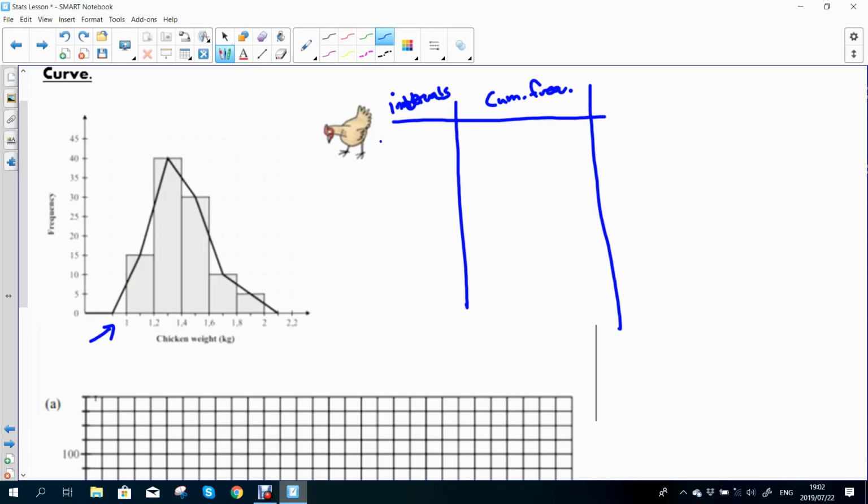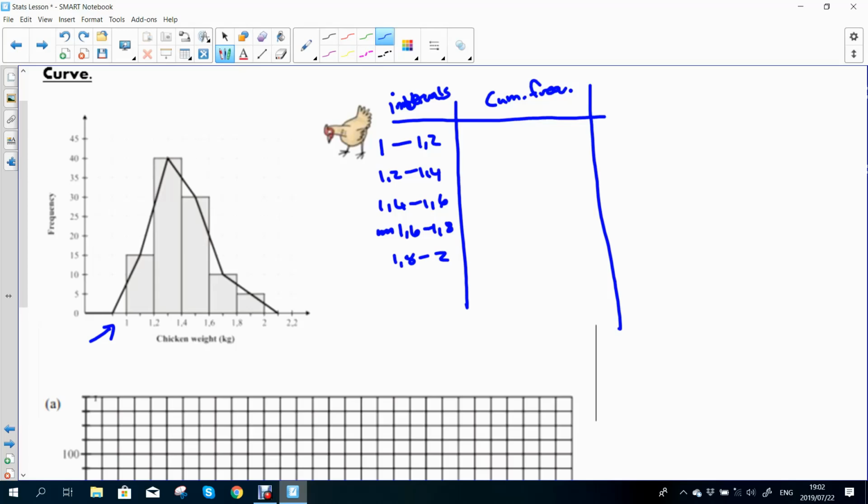So your first interval is 1 to 1.2. Your second one, 1.2 to 1.4. 1.4 to 1.6. Okay, this is the width of the bar that I'm using here, if you were wondering. 1.6 to 1.8, 1.8 to 2, and then that is it. Those are the only bars that I used.